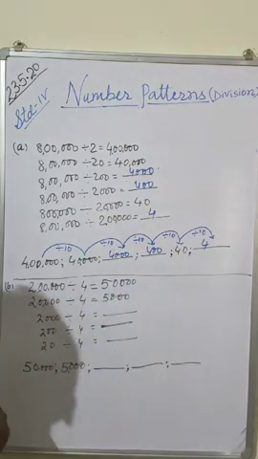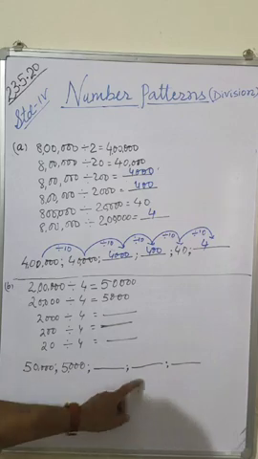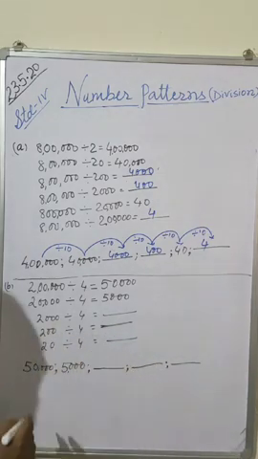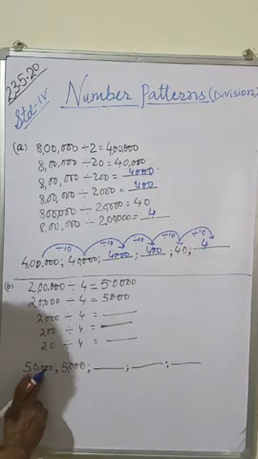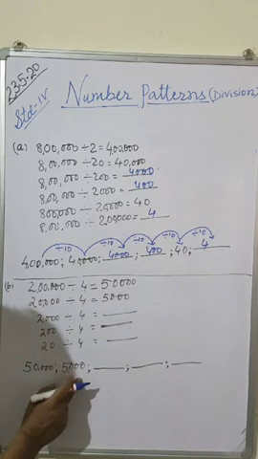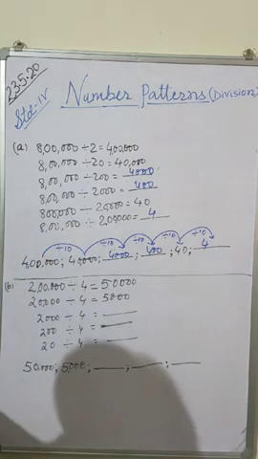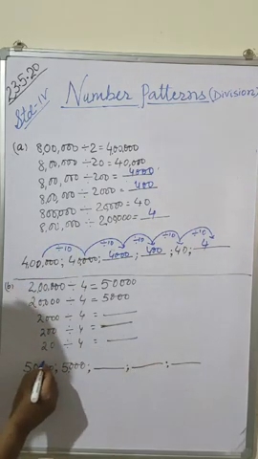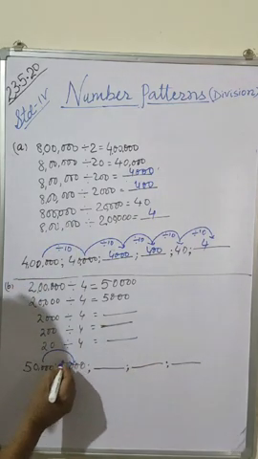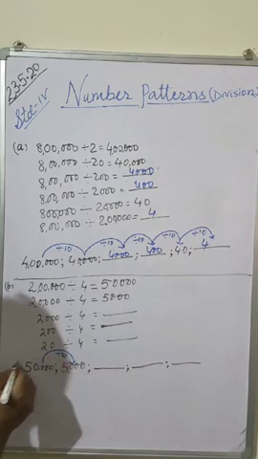So here 50,000, 5,000. So first of all write this in this way and see this. What is difference between first number and second number? Only of 1 0. 1 0 is reducing. So 1 0 is reducing means pattern is divide by 10.